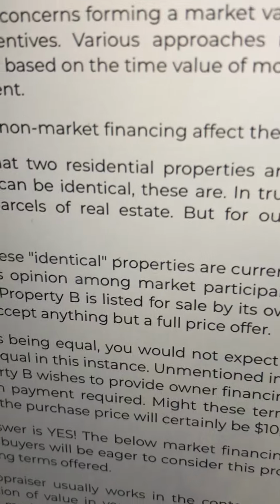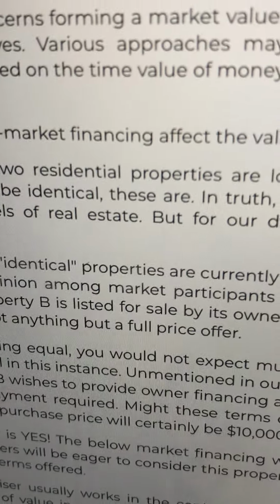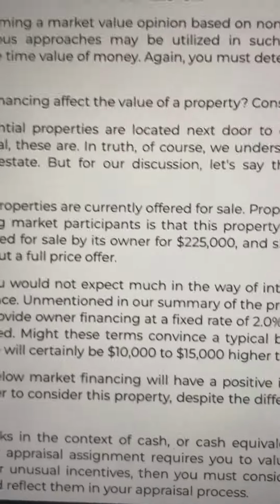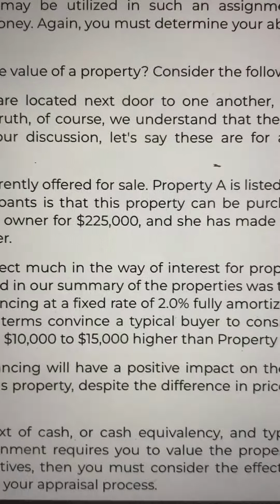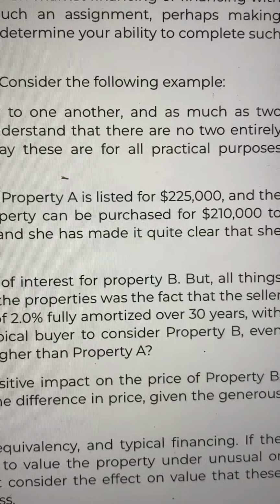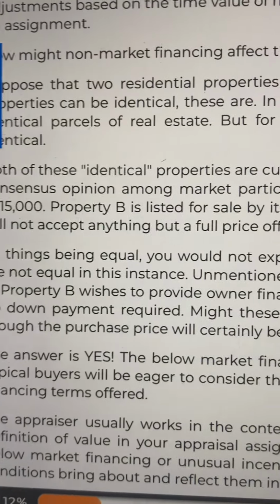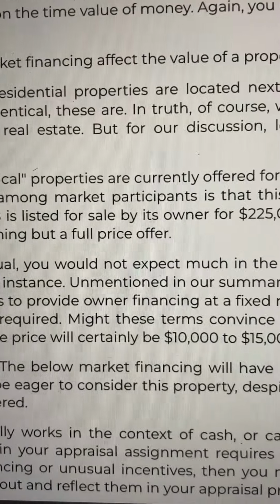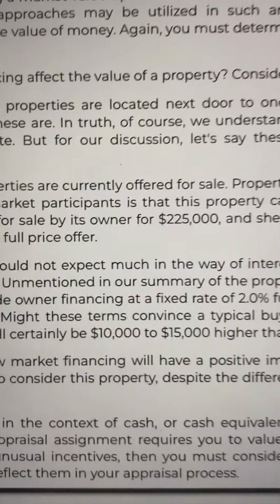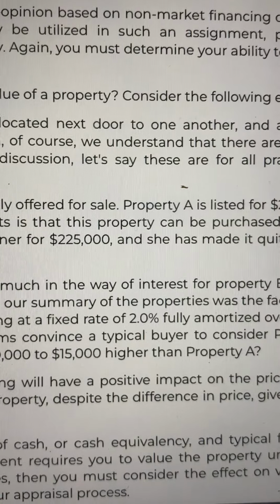consensus opinion among market participants is that this property can be purchased for $210,000 to $215,000. Property B is listed for sale by its owner for $225,000.